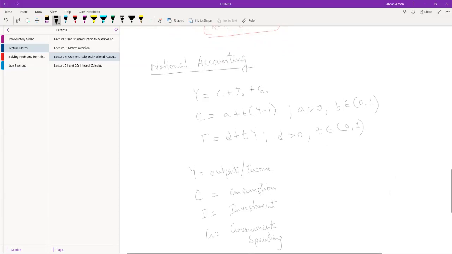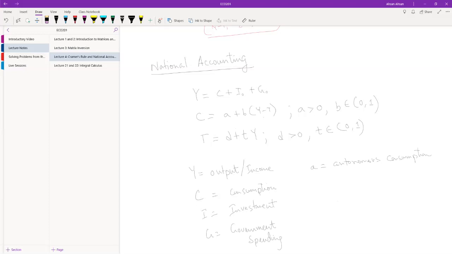What else? A is something known as autonomous consumption, which effectively means: even if our income is 0, we do not have any income, how much will our consumption be? So the consumption that is free of income.